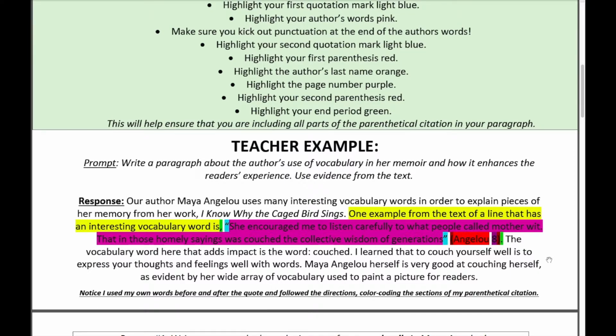So notice that my response to the prompt has my own words before and after a quote, and I'm pulling a piece of text from our memoir using our format that you learned yesterday in your video: lead-in, comma, quotation mark, author's words, kick out punctuation, end quotation mark, parenthesis, author last name, page number, and parenthesis, and period. So let's take a look at the first one.